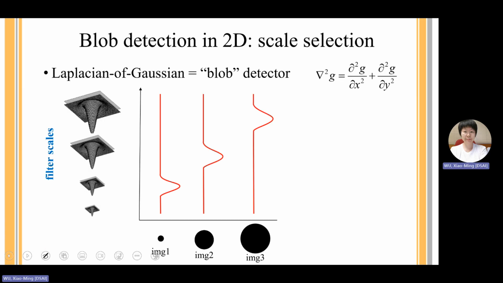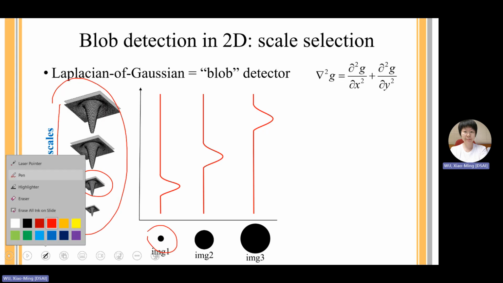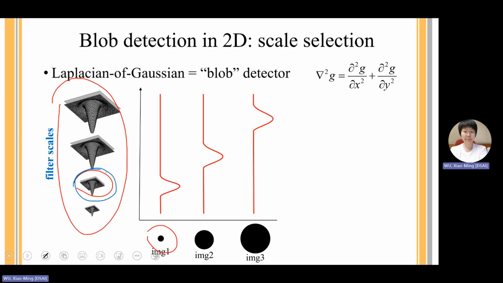For this blob, this filter will give the highest response among the 4 filters. This one will give the highest response for the small blobs. And similarly, this filter will give the highest response for this blob among the 4 different filters.